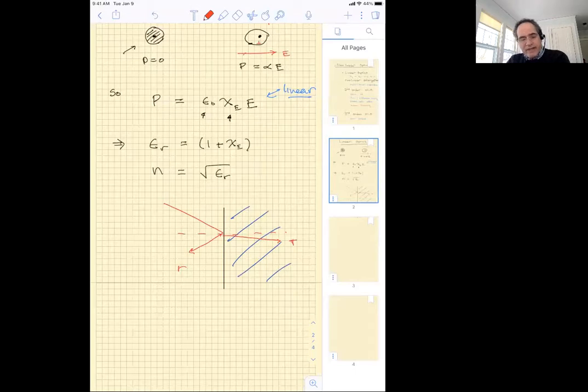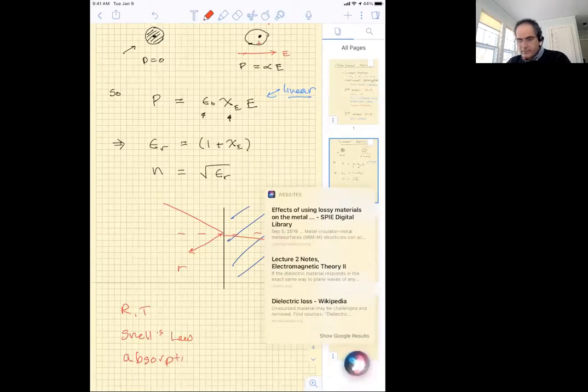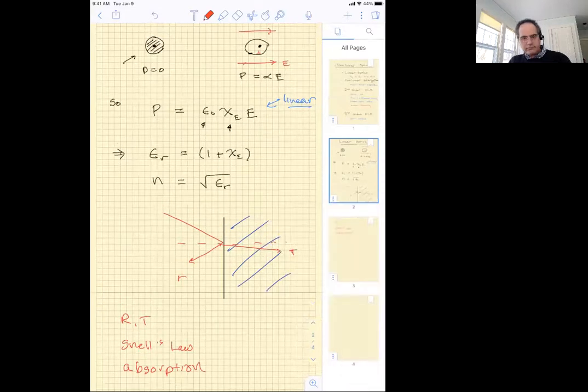We can describe the reflection, we can describe the transmission, we can describe Snell's law. All of these things can be described using linear optics. So reflection, transmission, and so on. If this is a lossy material, it would have absorption. All of these phenomena are described in linear optics.